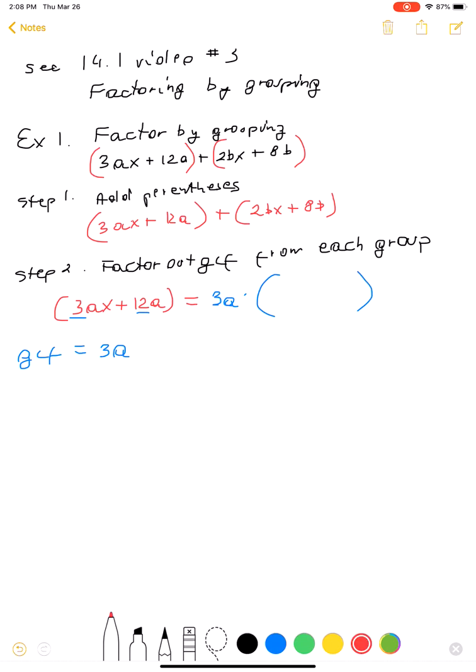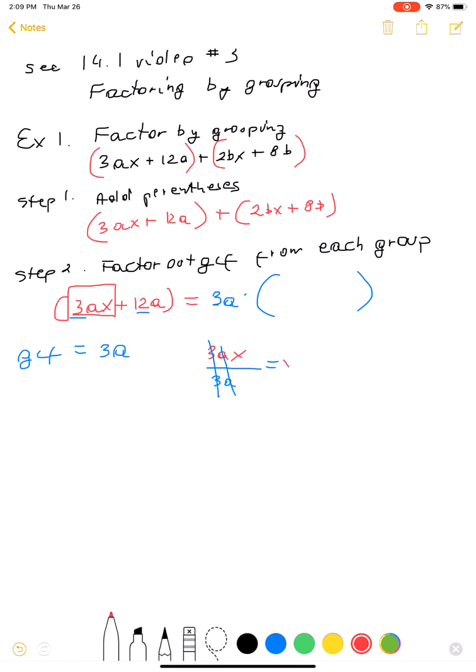You take your original, 3ax, and divide it by the GCF, 3a, and the result of that division goes inside of the parentheses. So 3 cancels, a cancels, and you end up only with x.